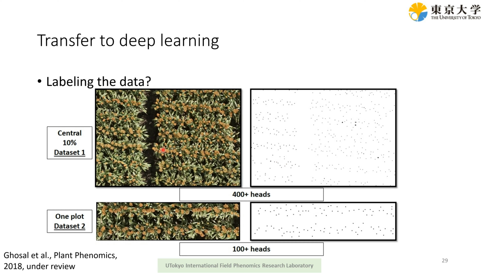And inside this region, you have more than 400 heads within this image, which means you have to do annotation 400 times. And even though you shrink it to the plot level, which is shown here, you still have more than 100.